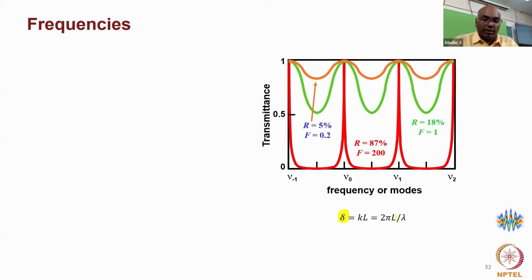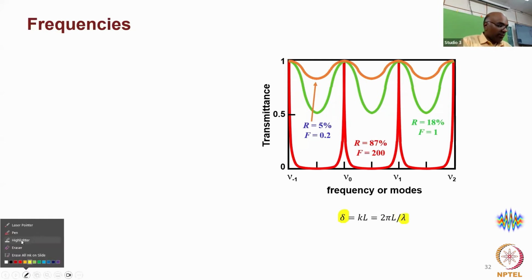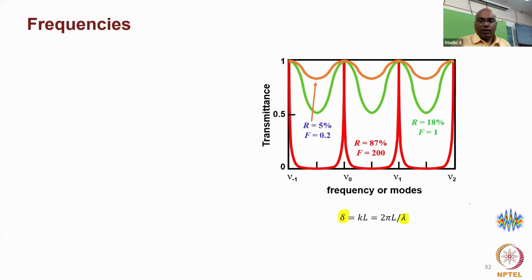Now we look at this delta. Delta is 2 pi L divided by lambda. So therein lies a bit of a clue, since we know that the velocity of the wave is lambda times nu, the cyclical frequency.